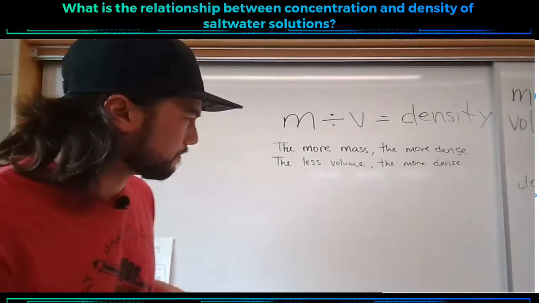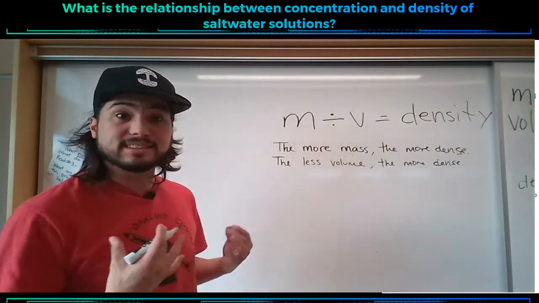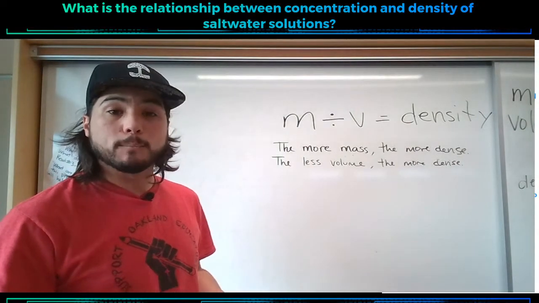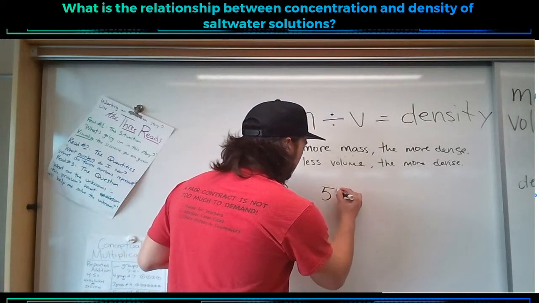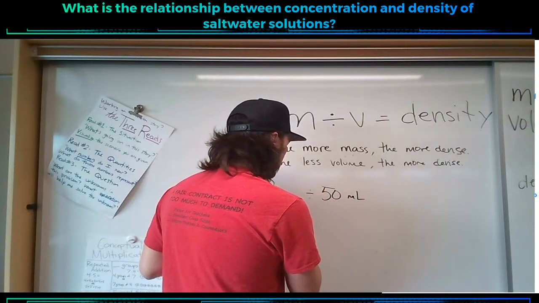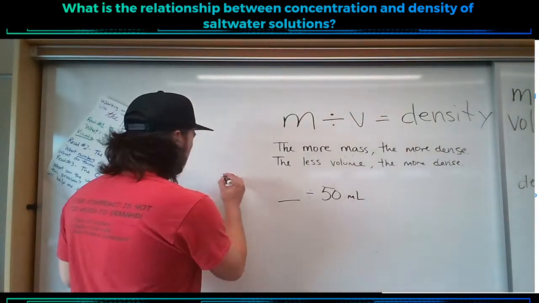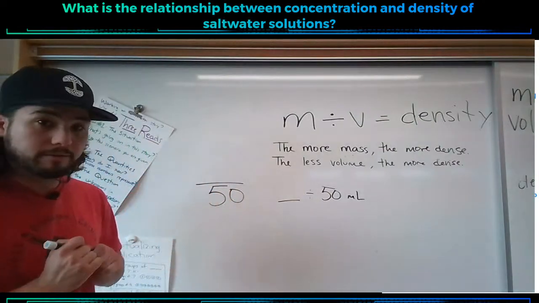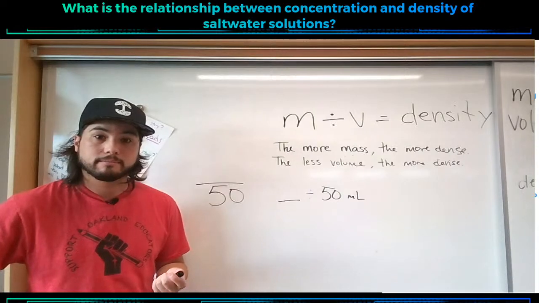Let's think about this idea. If I have more mass in the same amount of volume, we're going to be more dense, right? If we had, let's say, our 50 milliliters, and we write it as a fraction, blank over 50, the bigger this number gets, the bigger our numerator gets, the more we've got, right?